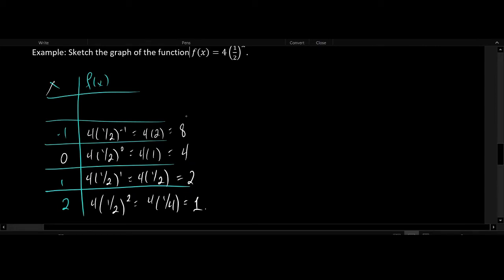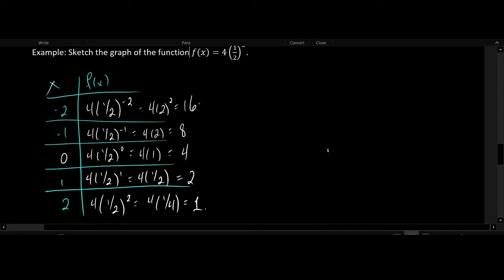And we get 8. Finally, for x equals -2, we take the reciprocal of 1/2 and we'll square it. 4 times 2 squared, and we get 4 times 4, which is equal to 16.